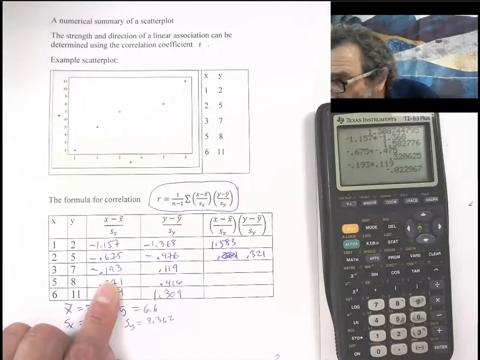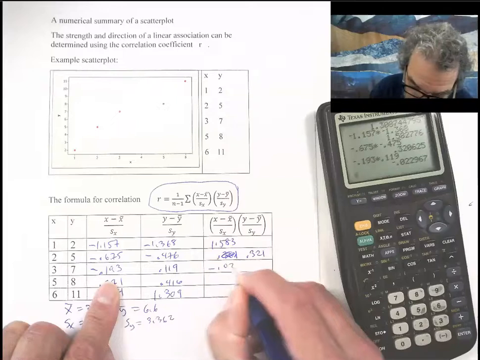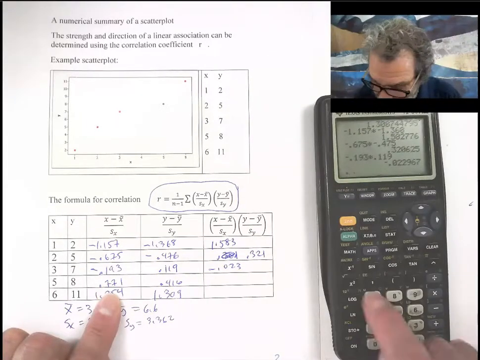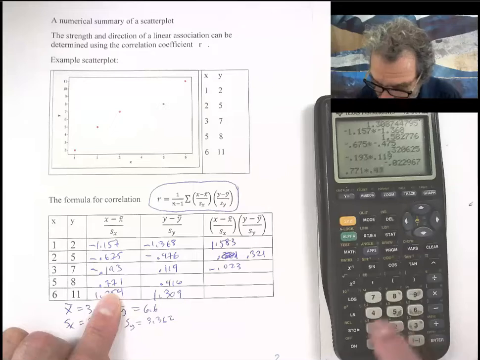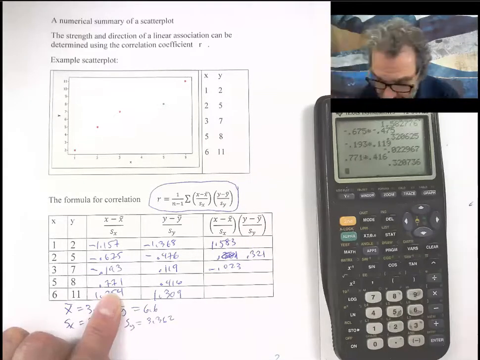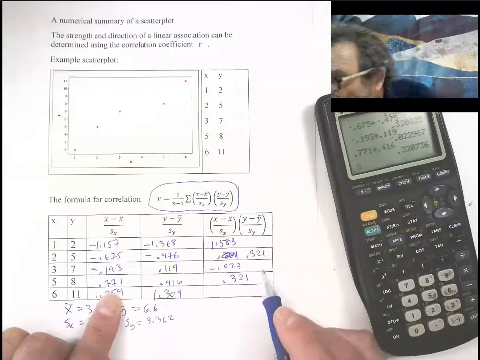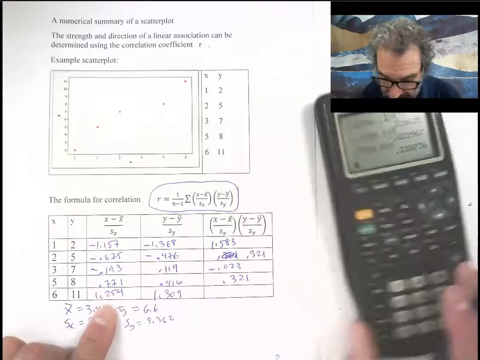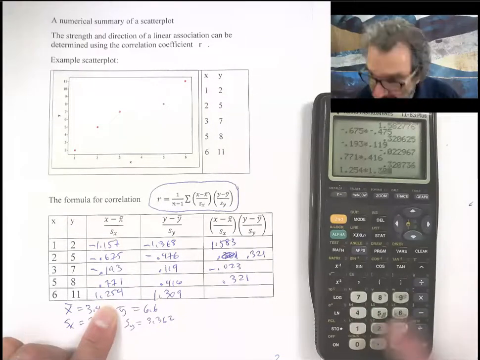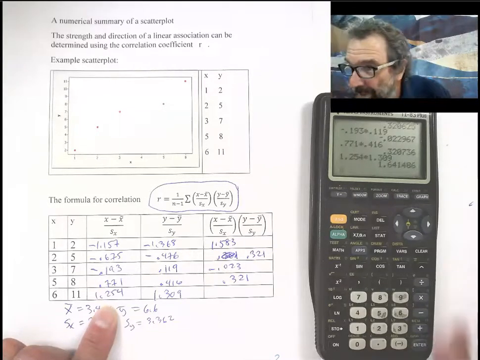Negative 0.023. A lot of opportunities for error here. 0.771 times 0.416. 0.321. Hey, look, it's there too. It's okay though. And here we go, 1.254 times 1.309. 1.641.